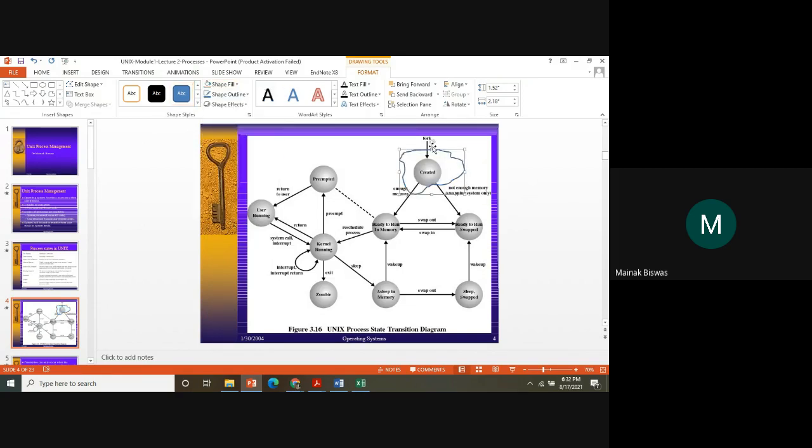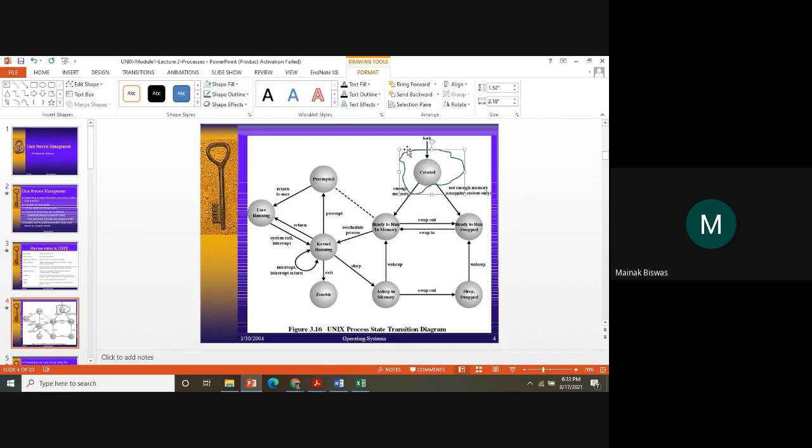Whenever you use a fork command, initially when the Unix system starts running, there is a single process. When the system boots up, that is called process 0. After that, one process starts running, which is called process 1. Process 1 is the parent of all other processes running in your Unix system.